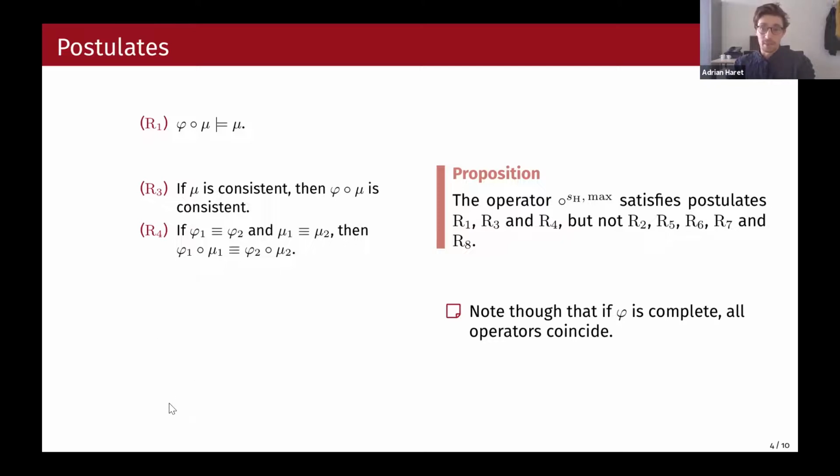And it also doesn't satisfy the other 2 that the max operator satisfies. So a short note here is that if the original formula is complete, that is to say, if phi has only one model, then all operators give the same results. But if it's not, then we have different things.